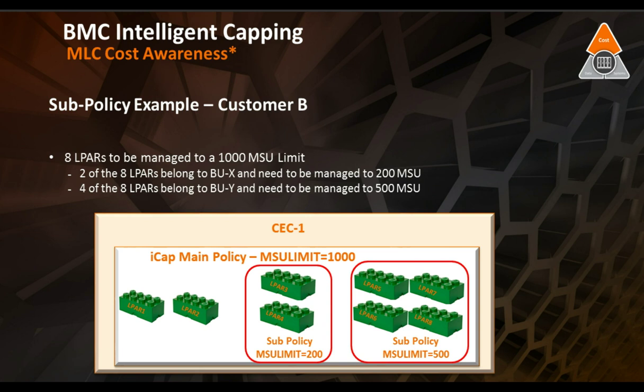If they're running various subsystems in that environment, I reduce the cost of those subsystems as well. So ICAP is dynamic and makes adjustments on the fly and understands what is going on from a workload perspective, and what is going on from a priority perspective for the LPARs, with an overall need of reducing the overall MSUs being consumed with the objective of reducing the overall MLC bill.